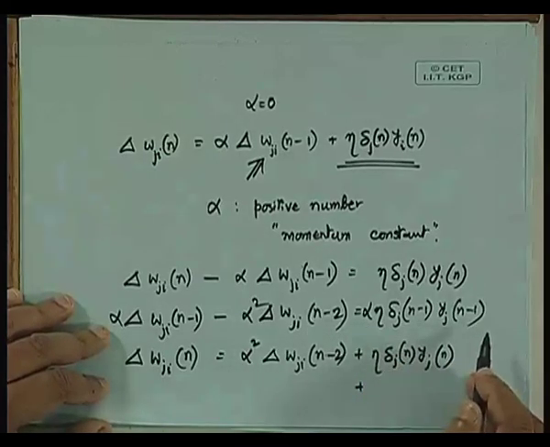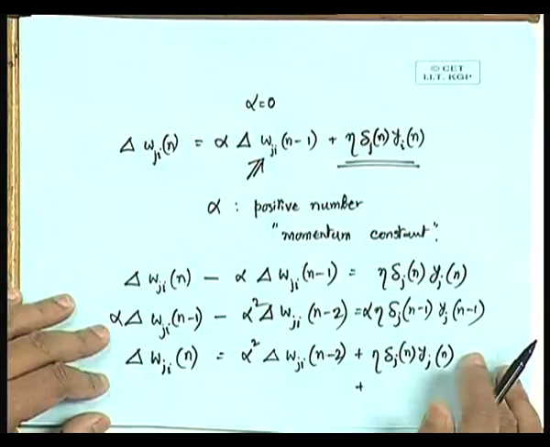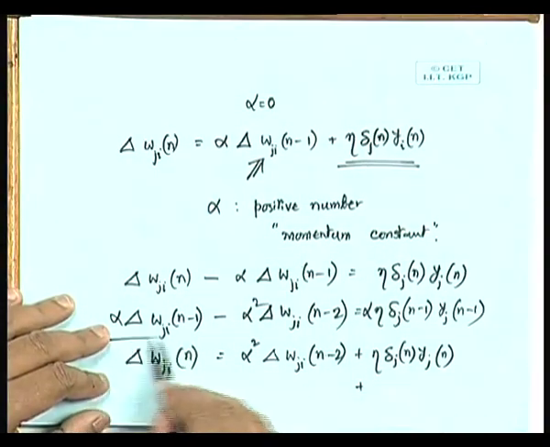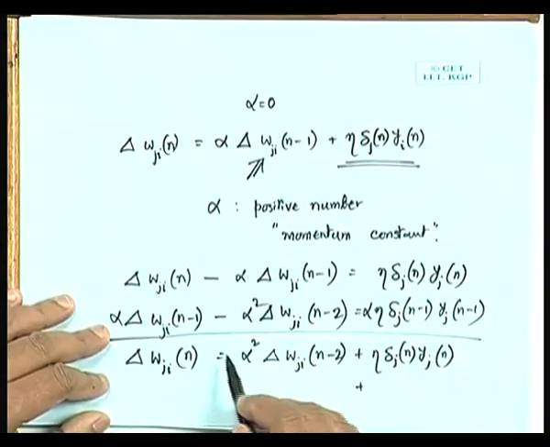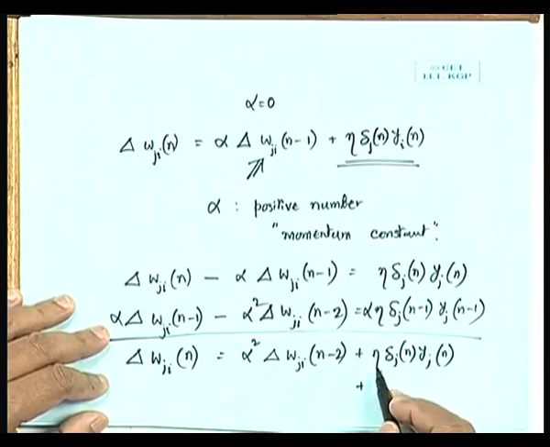Now if I add up these two, then what happens? Then if I simply add up, we are getting delta Wji is equal to alpha squared times this plus this term. After this you have generalized it, that step I can follow.